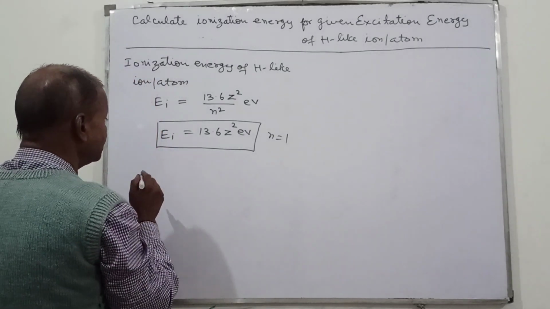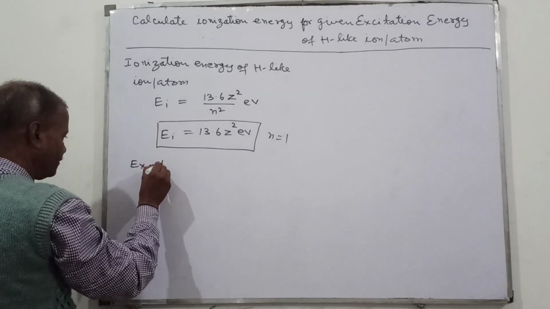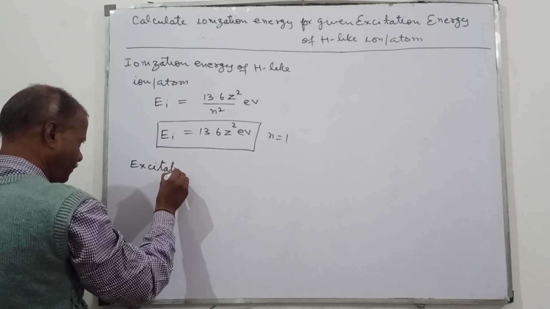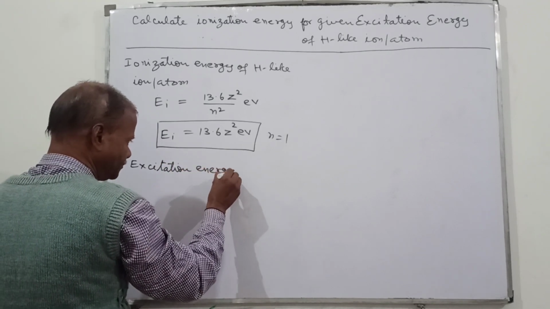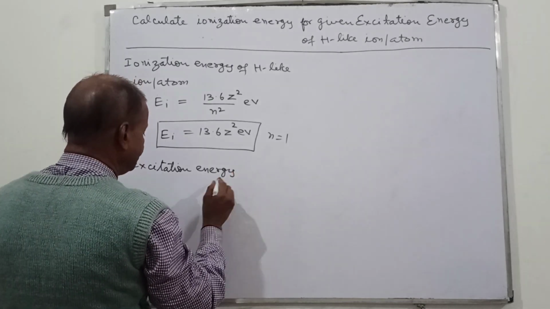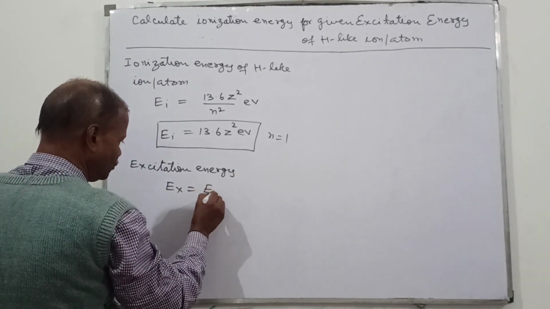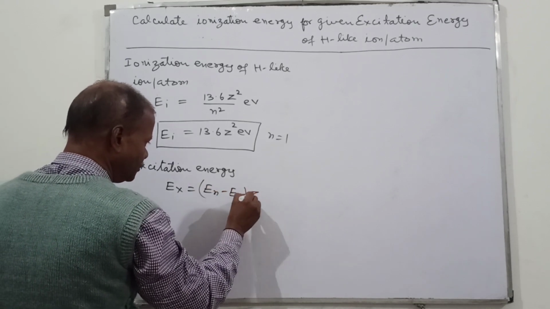And now excitation energy. This Ex equal to En minus E1 into Z square.